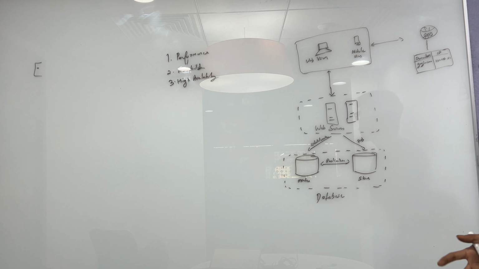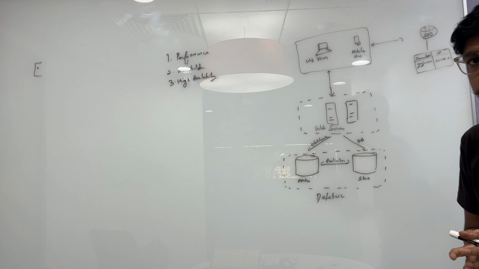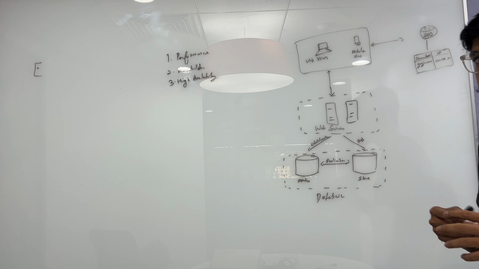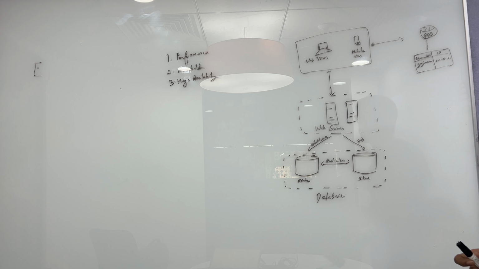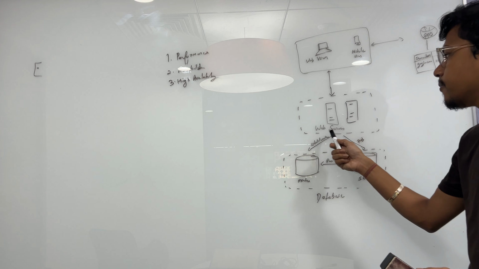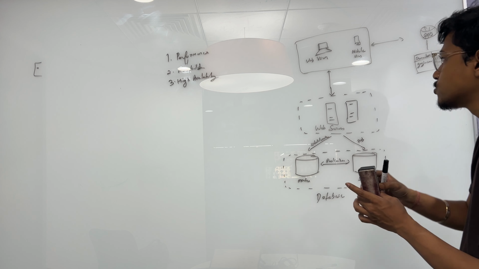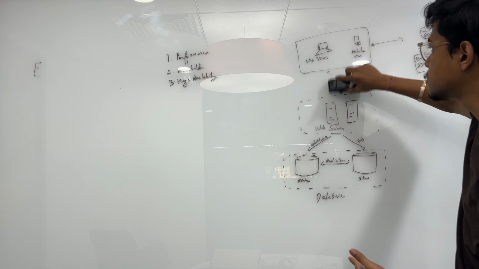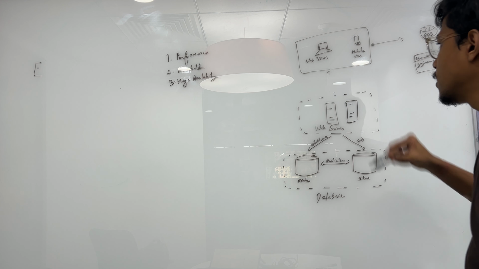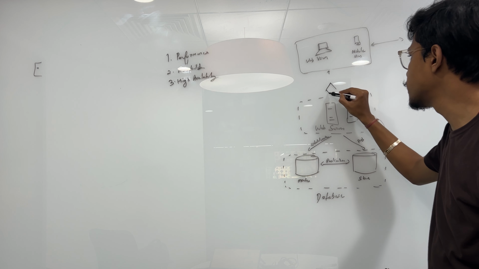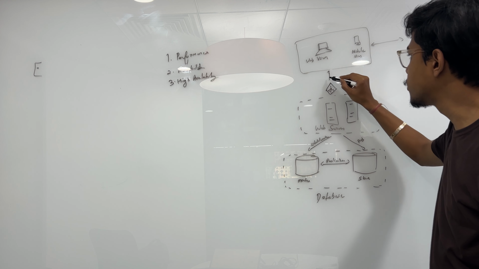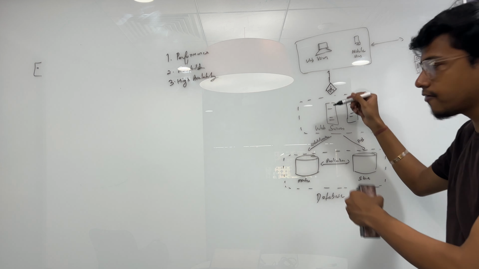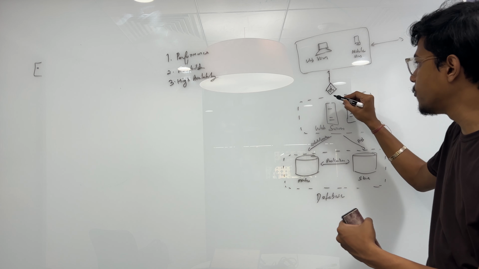Now, in this case, a web component called a load balancer is used. The load balancer is part of the web server architecture. It is placed between the user and the web servers, and it distributes the incoming traffic across whatever number of web servers we have.